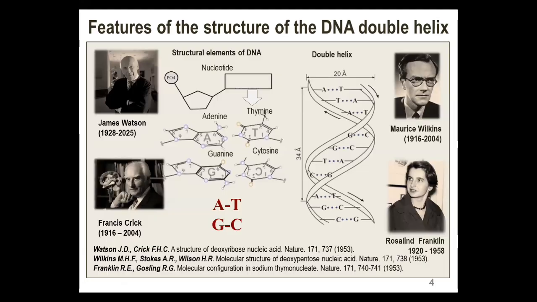So, using this knowledge and also the experimental results by Maurice Wilkins and Rosalind Franklin, Watson and Crick understood how to compose the DNA model, and they introduced this model in the shape of the double helix, and it was a great success. But this success was not possible without experimental results.